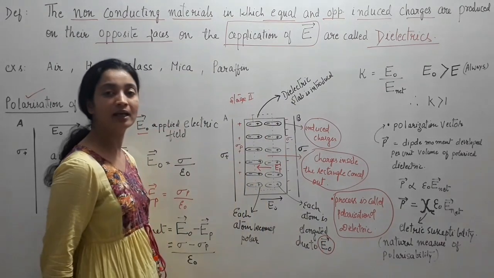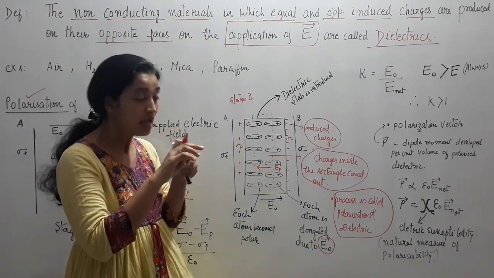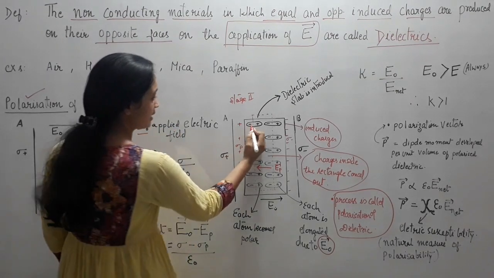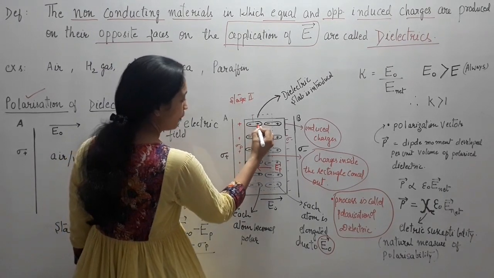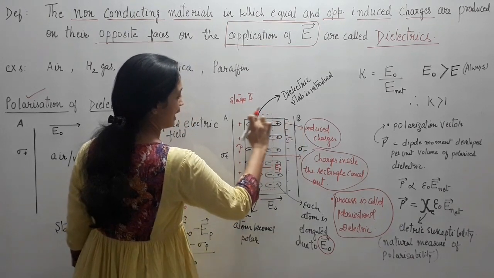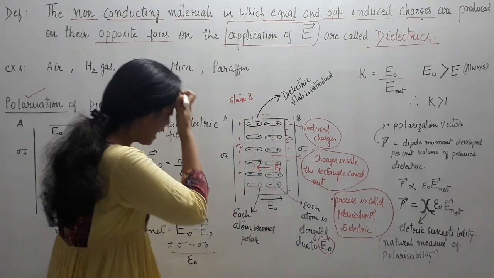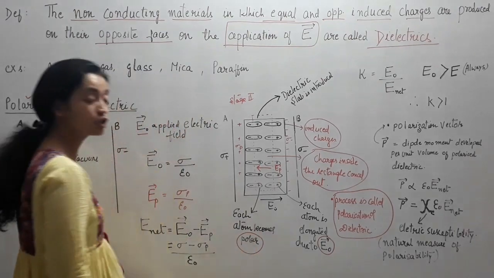Because the charges now feel attraction towards the opposite poles. You can see the negative charge is being attracted towards the positive plate, and the positive charge is being attracted towards the negative plate. In this force of attraction, they are elongated, poles are separated, and each atom now becomes polar. Initially it was non-polar.